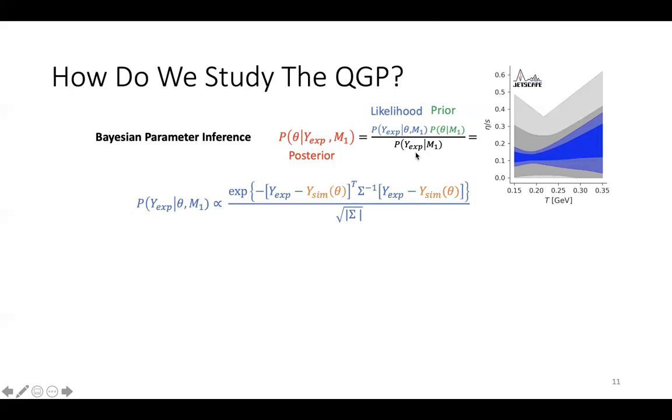If we take a closer look at the likelihood, it usually takes this normal form, and it has both the experimental data and the simulation output for model parameter value theta. And this is analytically intractable.